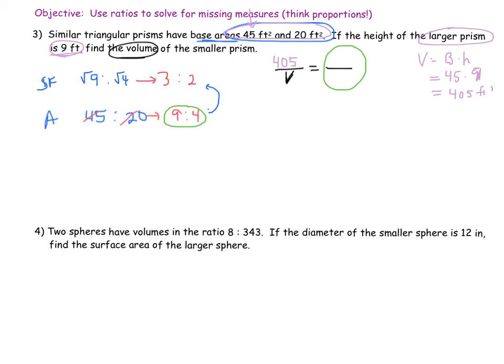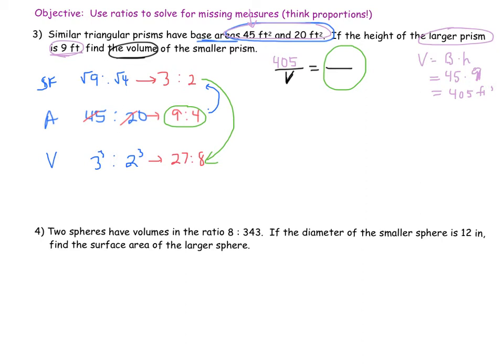So now I'm going to figure out the volume ratio by taking my 3 and 2, and I'm writing my work on the left here, 3 cubed and 2 cubed, which is going to give me a reduced ratio of 3 times 3 times 3, 27, 2 times 2 times 2, 8.